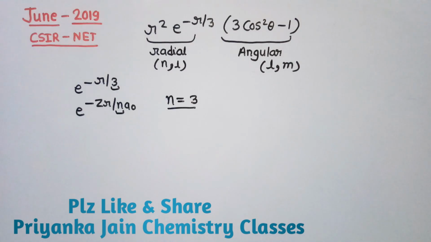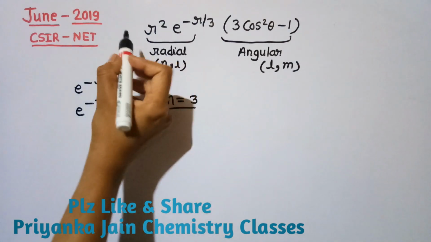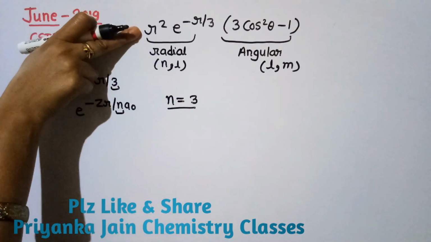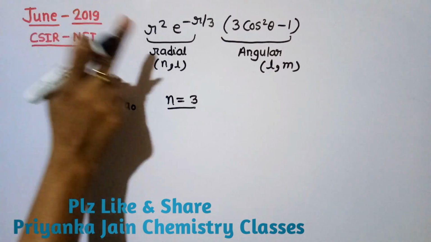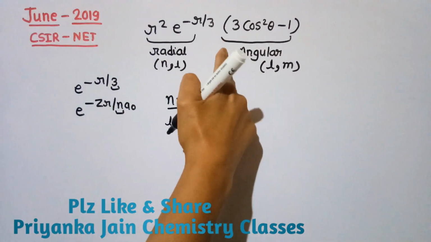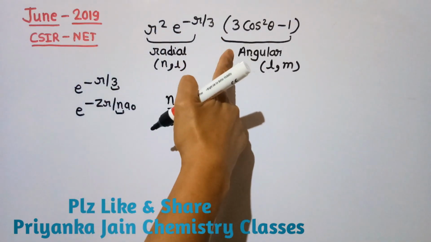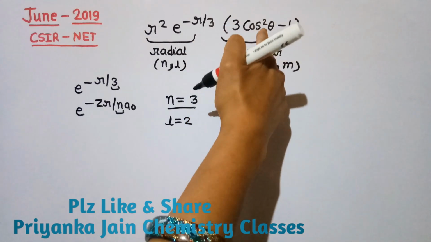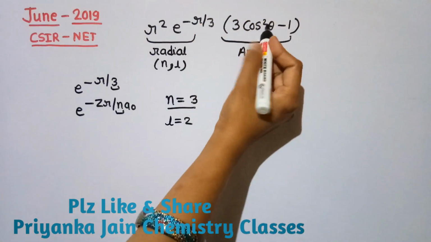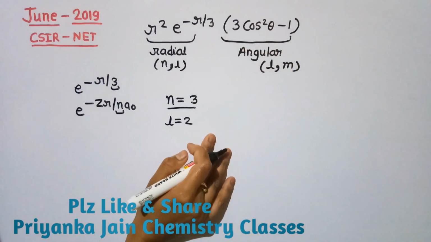Now for the l value we have to see the minimum power of r in the pre-exponential factor, and its minimum power is 2, so the value of l will be equal to 2. Similarly, even if this part were not given, we can find l from the angular part. Here we have to see the power of cos theta plus sin theta, and this is equal to 2, so from here also the value of l is equal to 2.